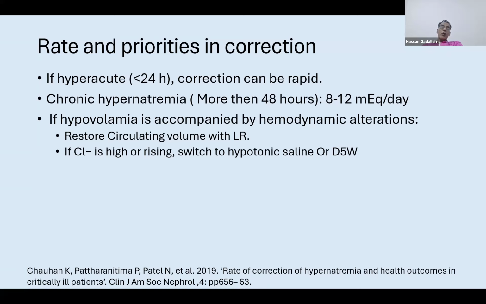After restoring the volume, we go according to the rules for correction of hypernatremia. In most such cases, the hypernatremia improves with restoring the circulating blood volume.